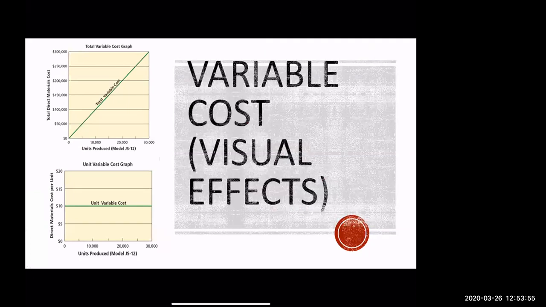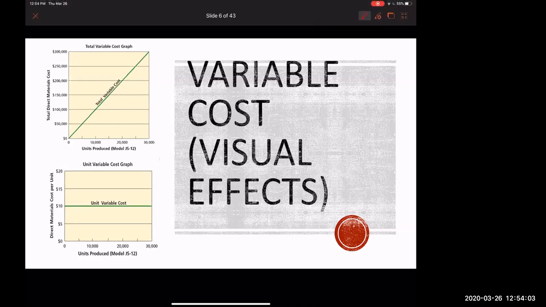All right, so for my visual people, this is what variable cost looks like, right? So in my graph here that I have, we have 2 different graphs. One is on a total cost here, and then the other one is the cost per unit, okay?